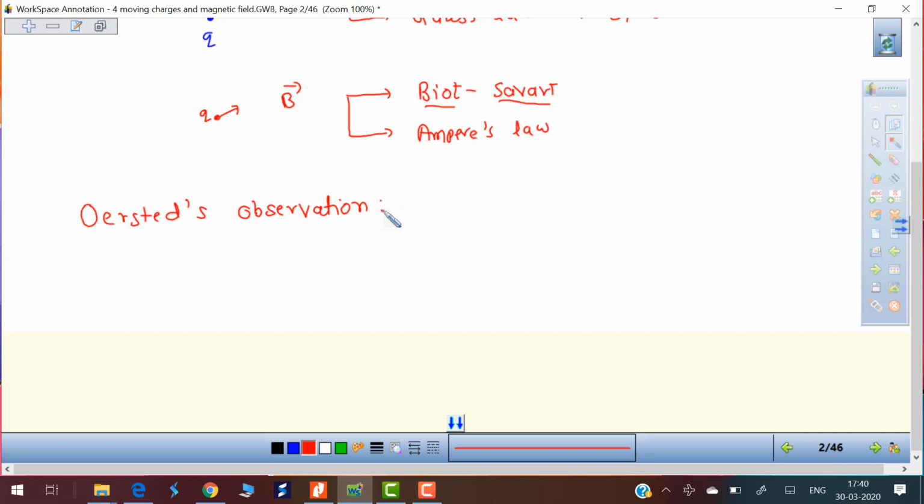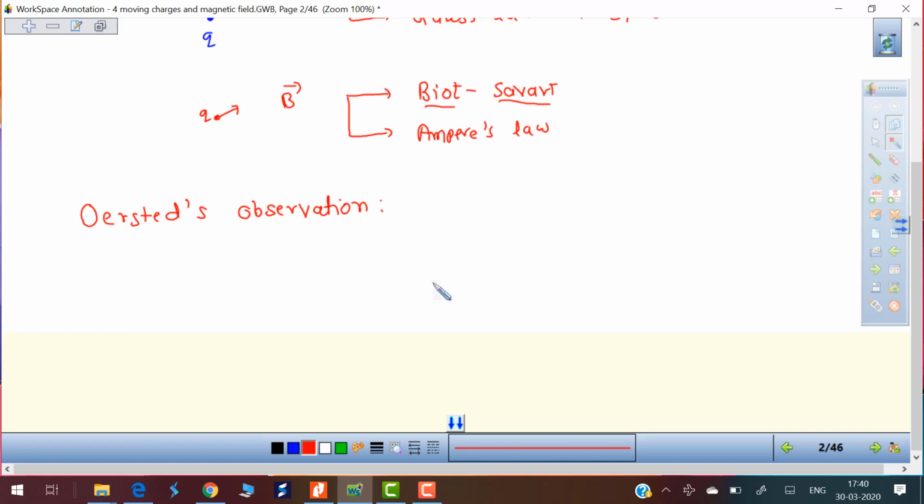Among them, the famous Maxwell's equations are derived on the basis of this theory. What is Oersted's observation? What was observed by Oersted?